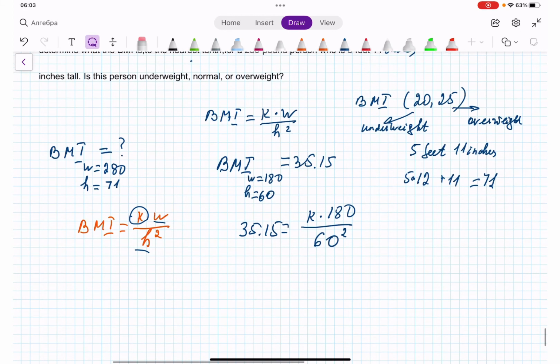Instead of 60 squared, I'm going to write 60 times 60, because I can cancel: 180 divided by 60 is 3. So this is gone, 1, this is 3. And then 3 and 60 also I can reduce: 60 divided by 3 is 20. All we have left is K over 20.